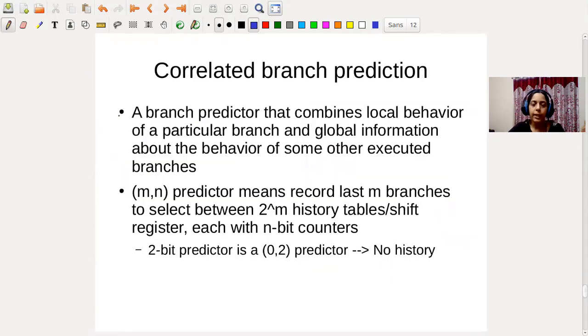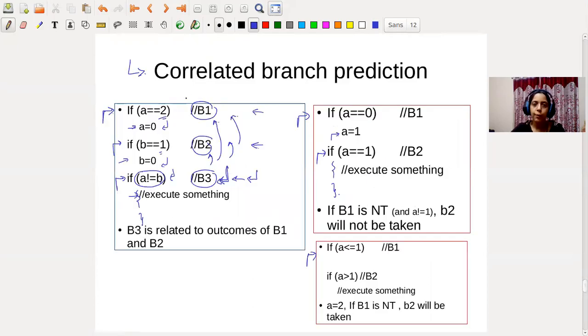Basically this predictor combines the local behavior of that branch along with global information of other executed branches. This is usually depicted as an (M, N) predictor. M means how many branches we are going to keep track of. In the previous case, we kept track of B1 and B2, so two previous branches.